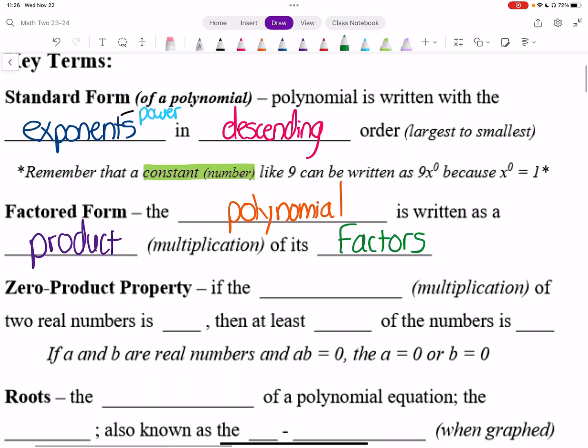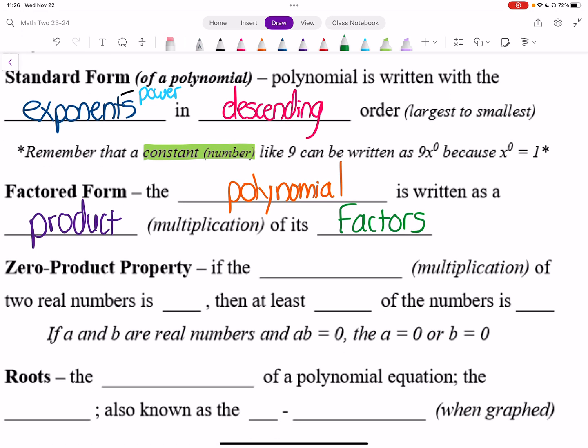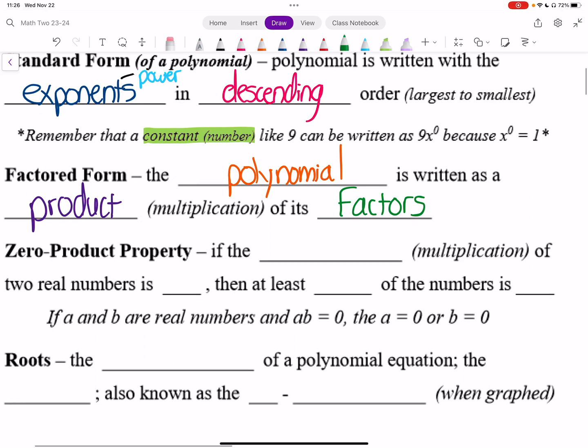Today, we're going to take advantage of the zero product property to solve polynomial equations. Now, the zero product property states that if the product, or what would result from multiplying something, of two real numbers is 0, then at least one of the numbers, or at least one of its factors, is 0.